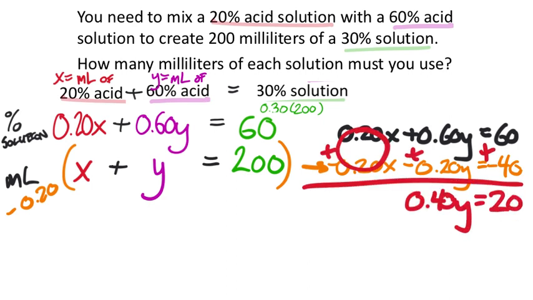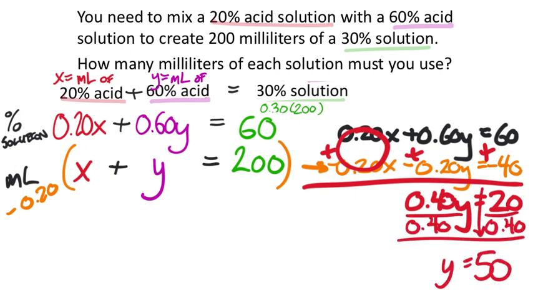And then last of all, just to solve that last part of the equation, I just want this to be y equals, so I'm going to divide both sides by 0.40. So 20 divided by 0.40. My calculator gave me 50.